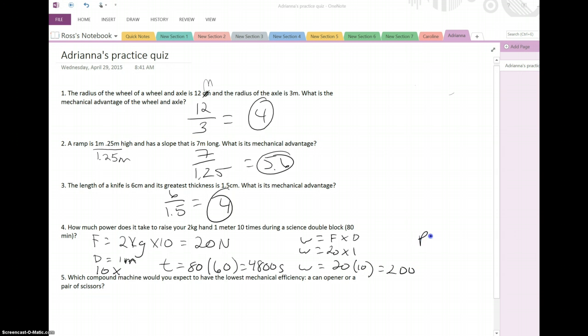So power is work divided by time, so power equals 200 divided by 4,800, and power is equal to 0.0416 watts. I'm going to erase that and just make it a little bit clearer. 0.0416.